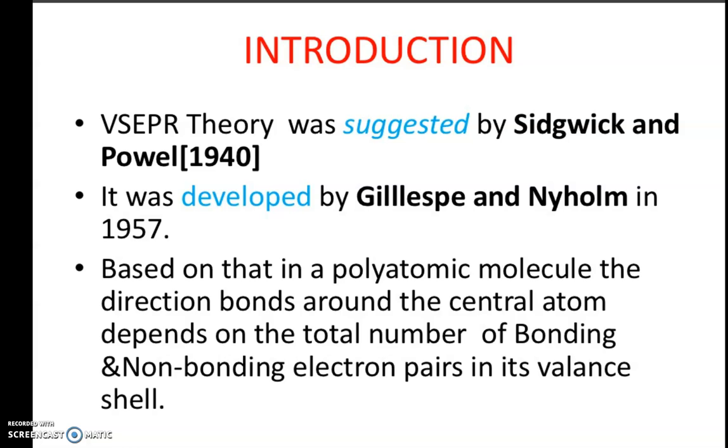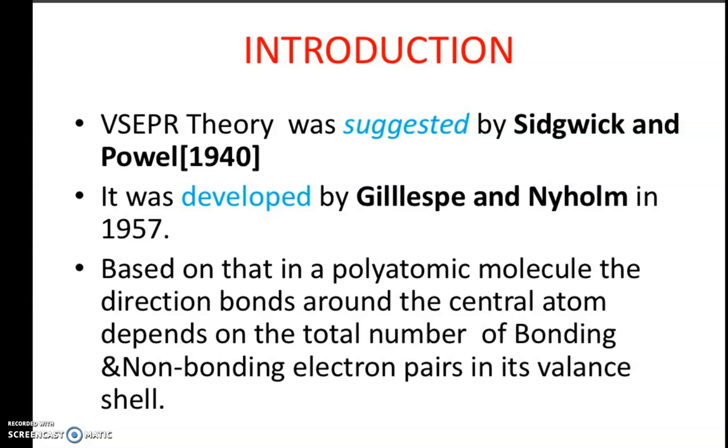If you want to draw the exact structure, we know there are some limitations in the Lewis structure. So to draw the exact structure of a molecule, we have to consider the total number of bonding and non-bonding electron pairs in its valence shell. We know that in order to make any chemical bond, the valence shell electrons take part.